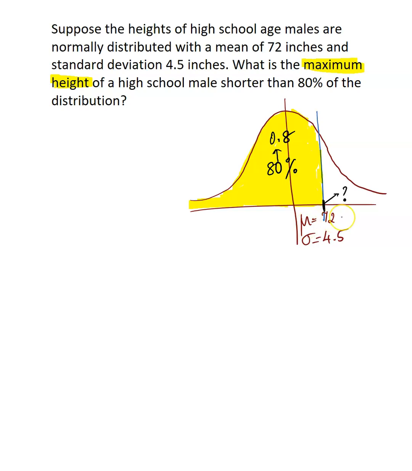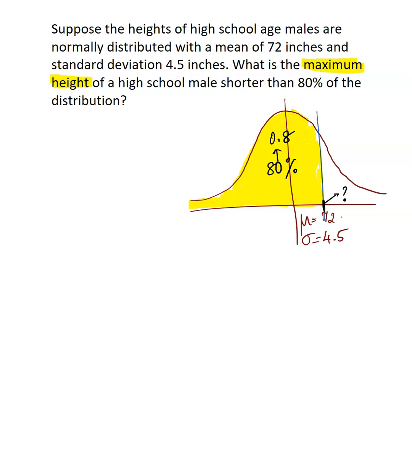So we know it's going to be more than 72. Is it 73, 75, 77, or is it some decimal value because it's continuous, right? Is it 74.32? What is it? So that is what we're trying to do. We're doing the reverse of it. They've given us the area and we're trying to find the x value. Previously we were given the x value and we tried to find the area. All right.